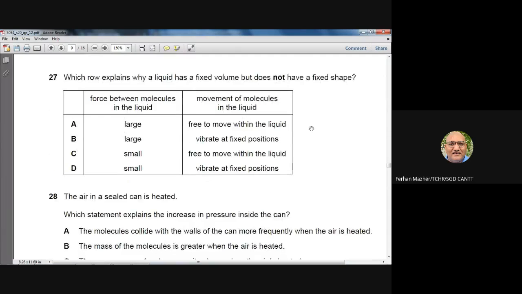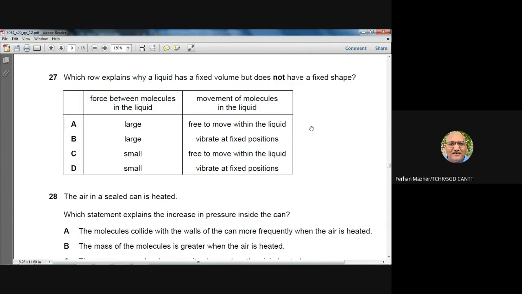Which two rows explain why a liquid has a fixed volume but does not have a fixed shape? The forces between the molecules in the liquid are definitely large. The molecules in a liquid are free to move within the liquid. They vibrate. So why do they have a fixed volume?